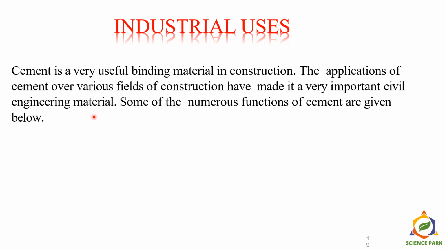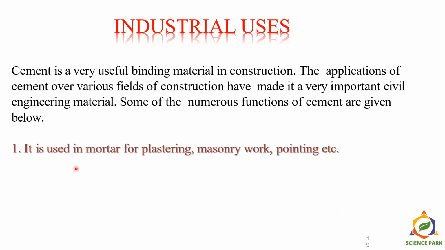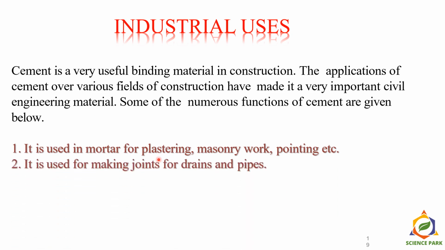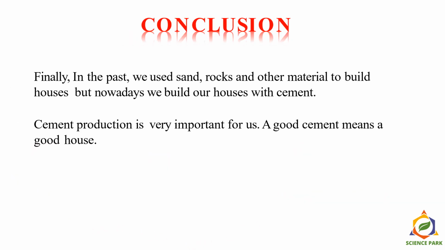Some of the numerous functions of cement are: it is used in mortar for plastering, masonry work, pointing, etc. It is also used for making joints for drains and pipes. It is also used for water tightness of structures. It is used in concrete for laying floors, roofs and constructing lintels, beams, stairs.